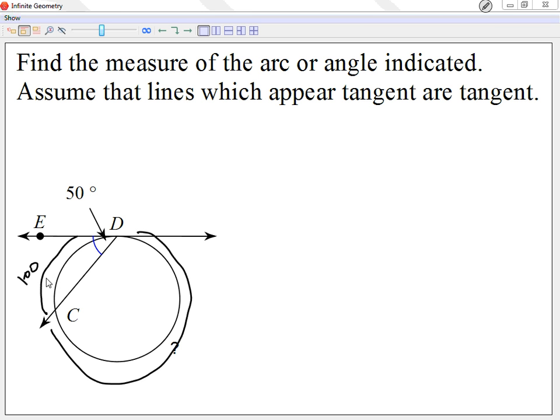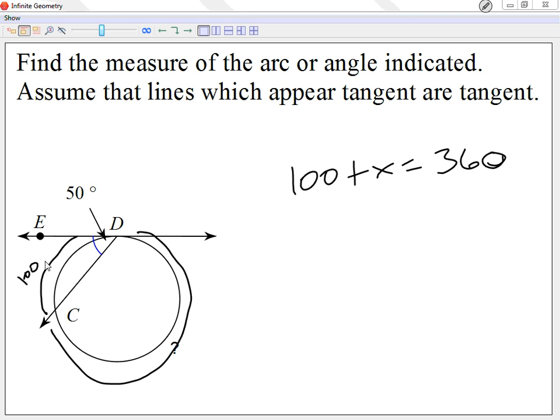The one thing that you guys can see, these two arcs combined, 100 and x, I'm going to add this, 100 plus x, because now we're talking about a whole circle. I know whole circle is 360, so I'm going to go 100 plus x equals 360. Once again, the tricky part is when the angle does not create the arc that I'm referring to.